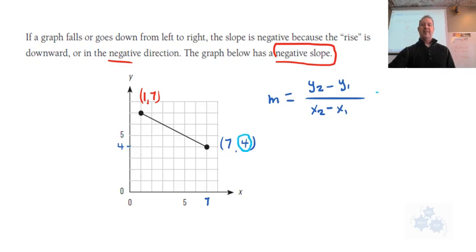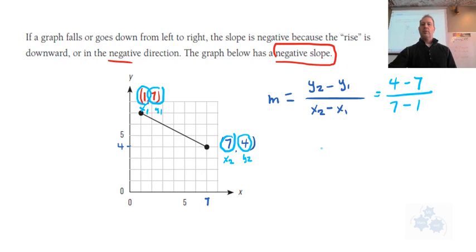So this is going to be 4 minus 7. And this one's going to be 7 minus 1. So y2 minus y1 divided by x2 minus x1.